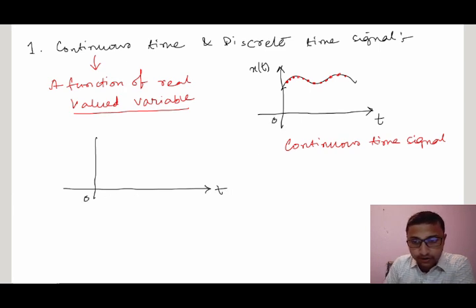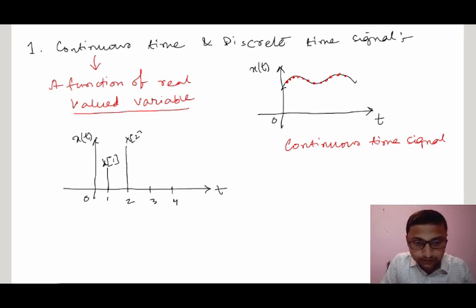This is number 1, this is 2, this is 3, 4, etc. So this is a function or signal x. The value at 1 is denoted by x1, at the point 2 it is denoted by x2.